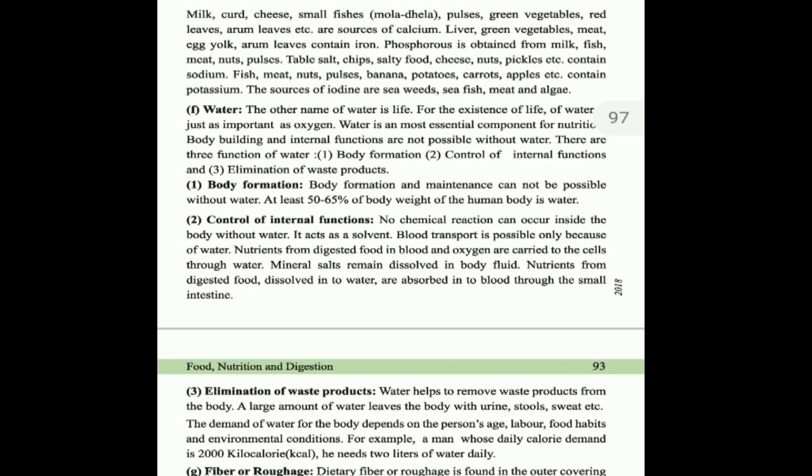The rest of the functions we can also mention. Water regulates body temperature. Water plays a role as a lubricant for joints. Water lessens the burden on the kidneys and the liver by flushing out waste products.